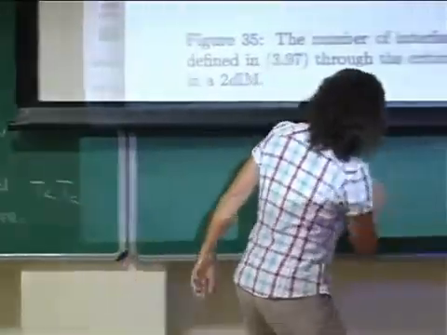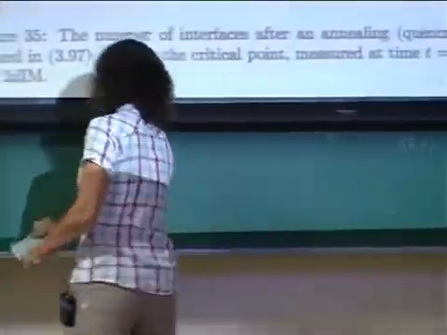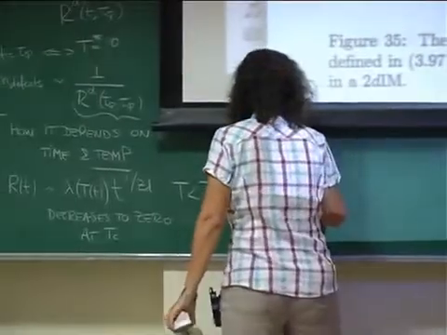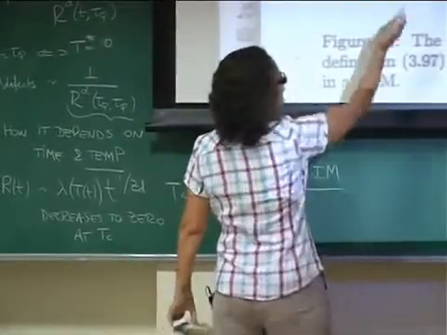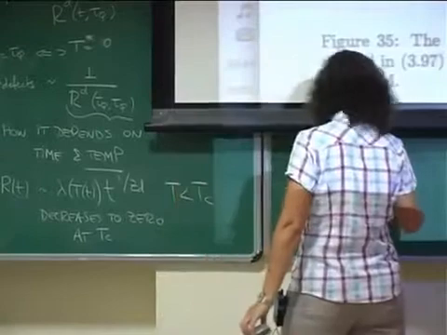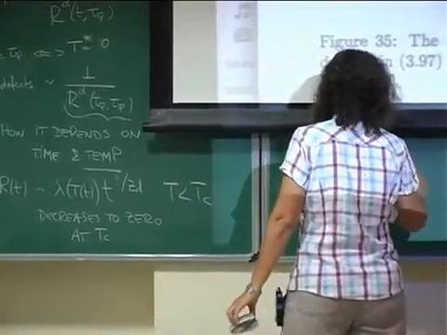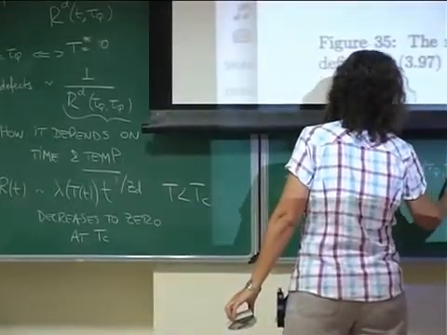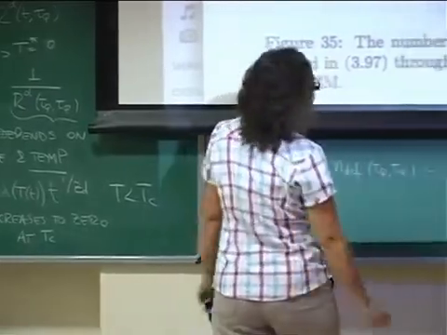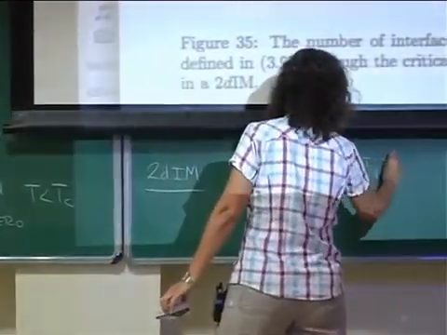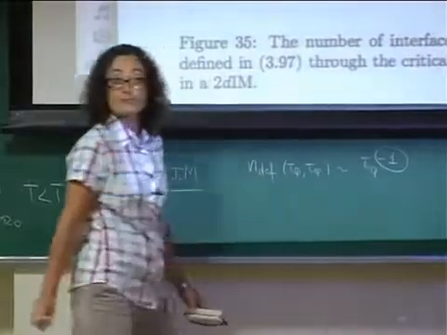with all the exponents that are known, for the 2D Ising model that I'm looking at in this picture, the density of defects at this tau q goes like tau q to the minus 1. Okay?